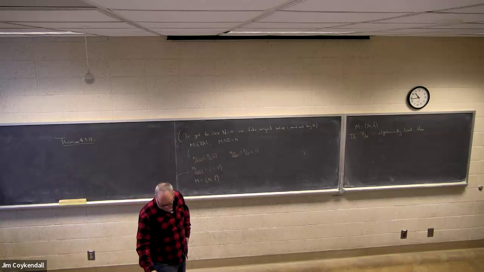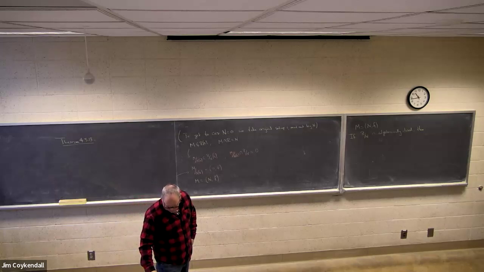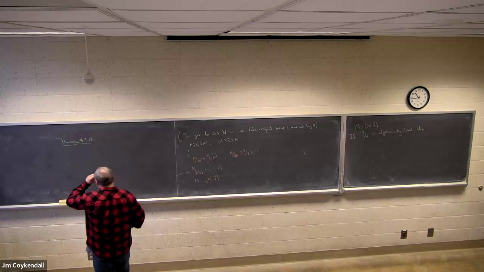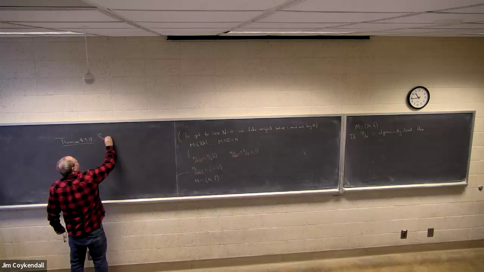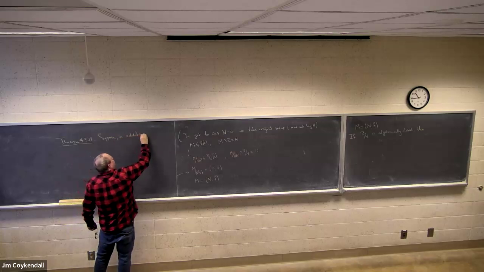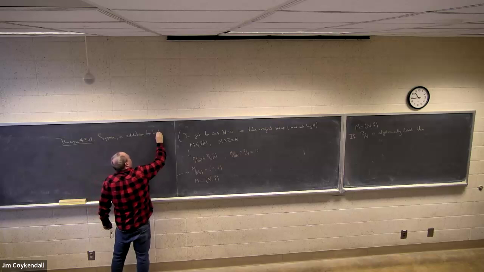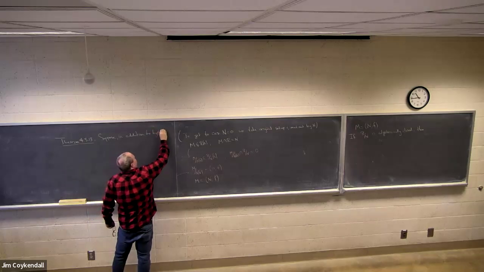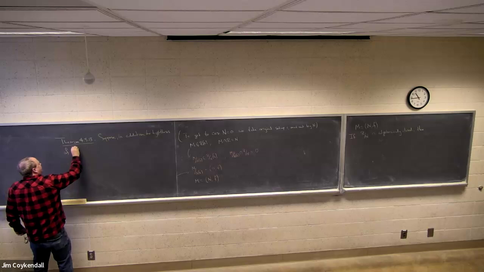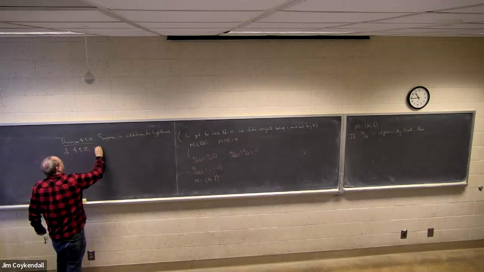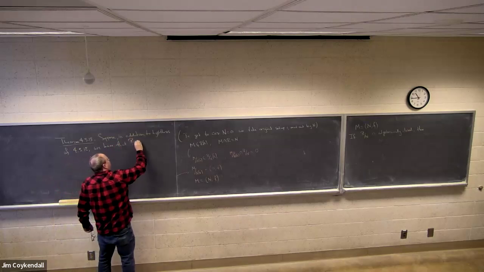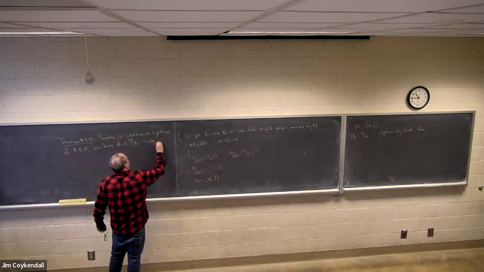We assume the hypotheses 4 through 12. Suppose, in addition to the hypotheses of 4 through 12, we have that R mod n is algebraically closed.